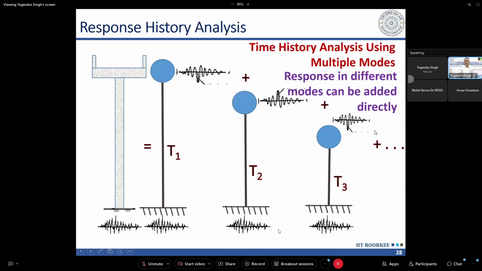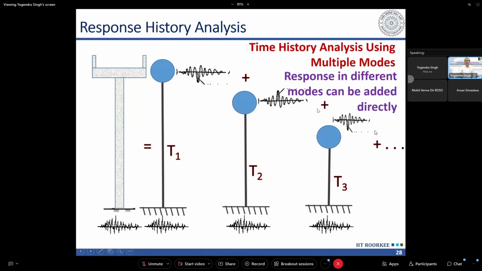So the same ground motion is applied at the base of all single degree of freedom systems, and the response of these systems can be quickly obtained, because analysis of a single degree of freedom system even to time history is much faster than the analysis of the direct full structure with all the degrees of freedom.